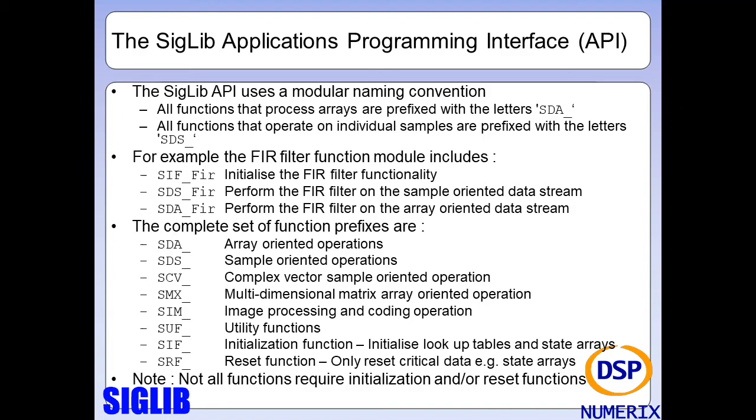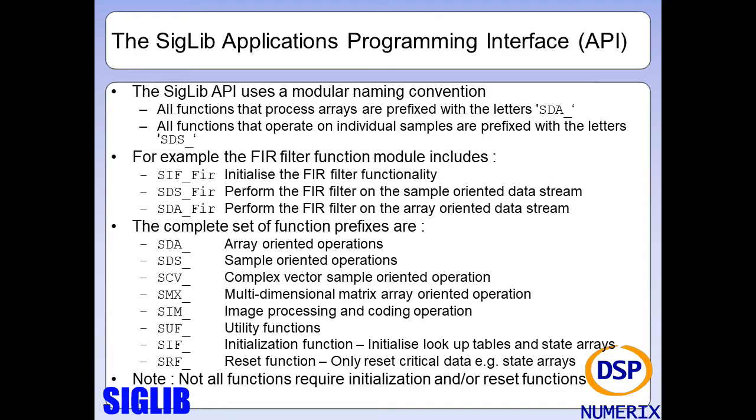Equally, the array-oriented functions are indicated by the string SDA as the prefix for your function name. So the examples shown here are SDS_FIR and SDA_FIR for an FIR filter. Please note that the array-oriented and the sample-oriented functions all operate equally across array and sample boundaries, so there are no discontinuities between calling functions.